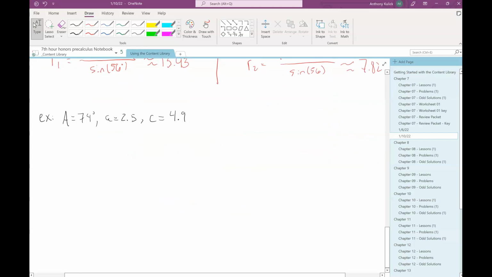So let's say angle A is 74 degrees, side A is 2.5, and side C is 4.9. So I'll draw and label my triangle.